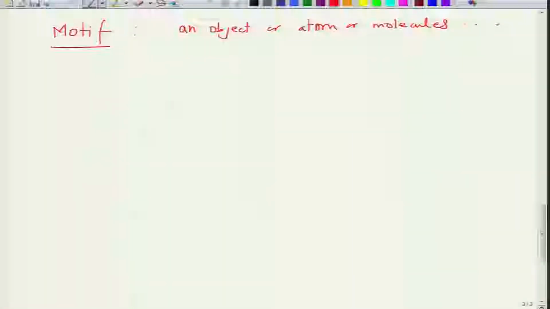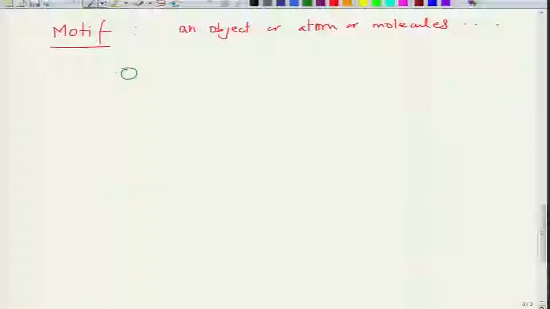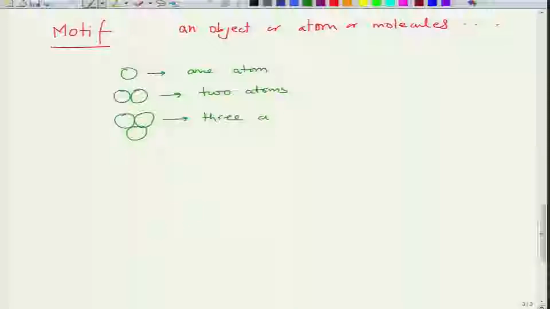When these motifs or units replace the points in the unit cell, it could be one atom, it could be a group of atoms, 2 atoms, it could be something like this, and there is a possibility to make a variety of shapes.